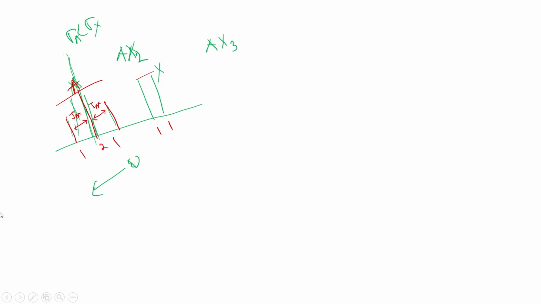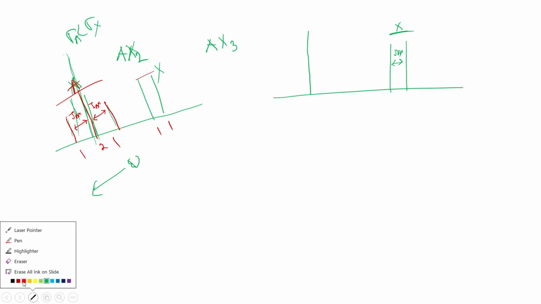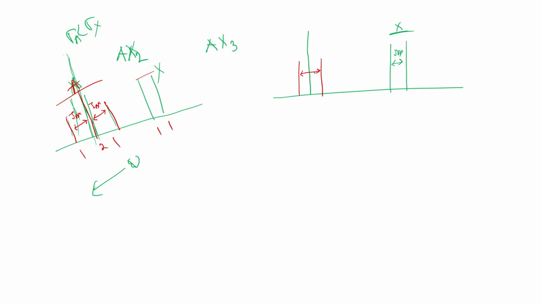Now for this also let me draw AX3, what one should expect. Suppose X3 system, first X is split into 2, okay? This is Jx for X. Now for A, first there was 1. Now by the first X, it is going to be half of this, right? So it is going to be the Jx again.